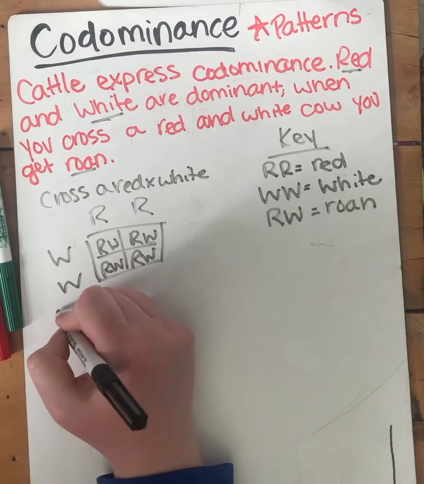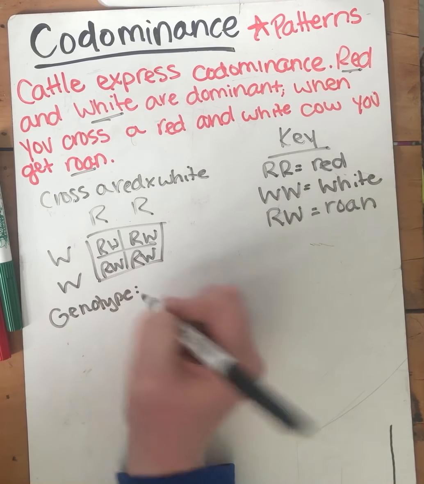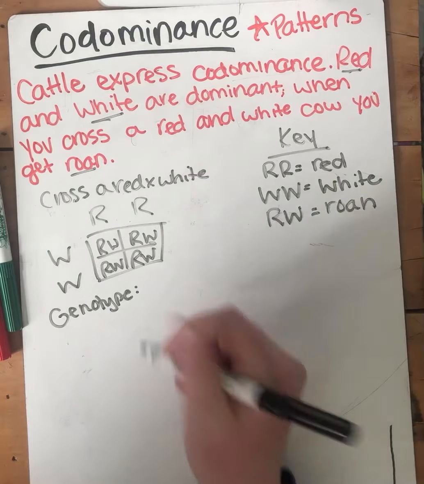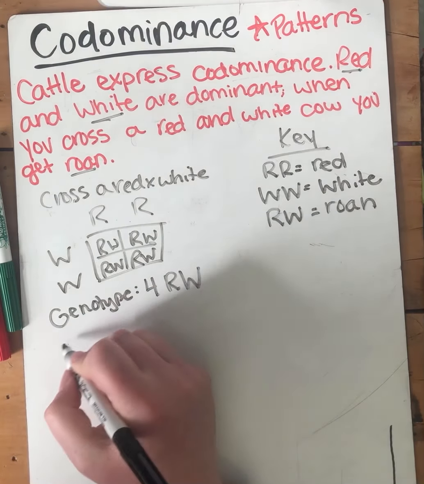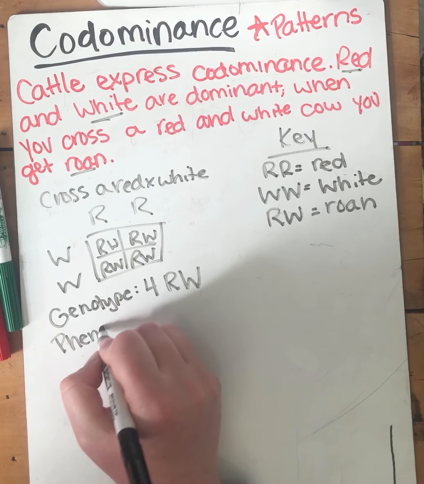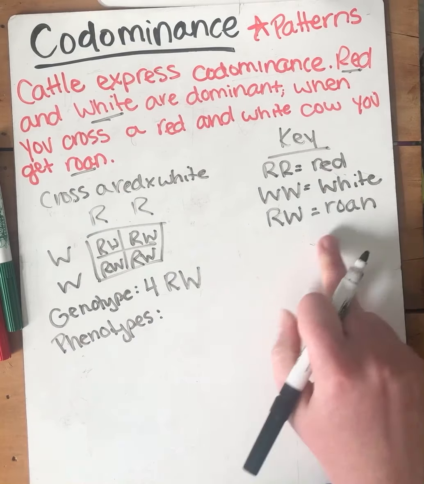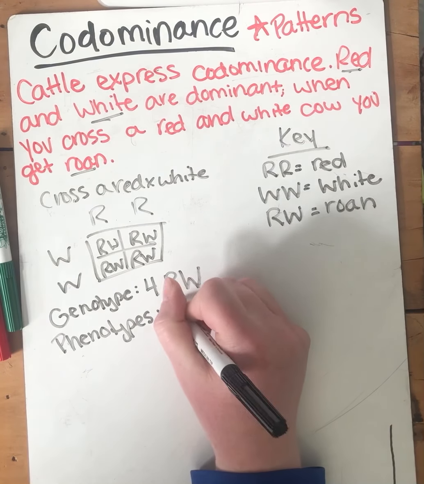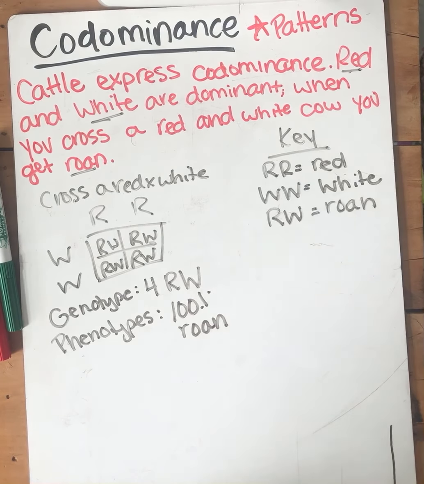Okay, genotype here, our genotype. All of our cows are the same, aren't they? So you would have 4 RW. Now your phenotypes. RW, according to our key, is roan. So you would have 100% roan cattle. Okay? So that's kind of how you would work that.